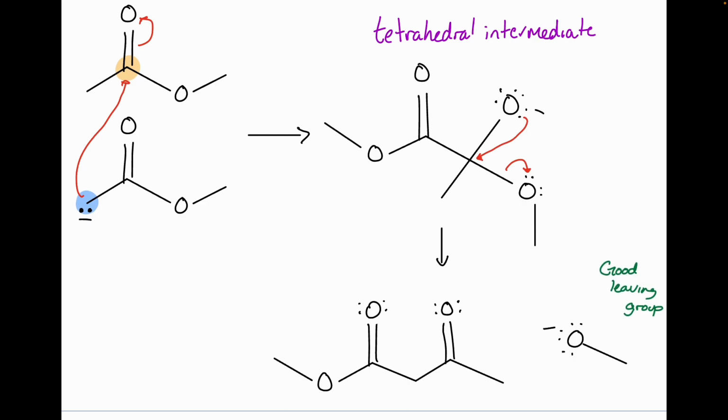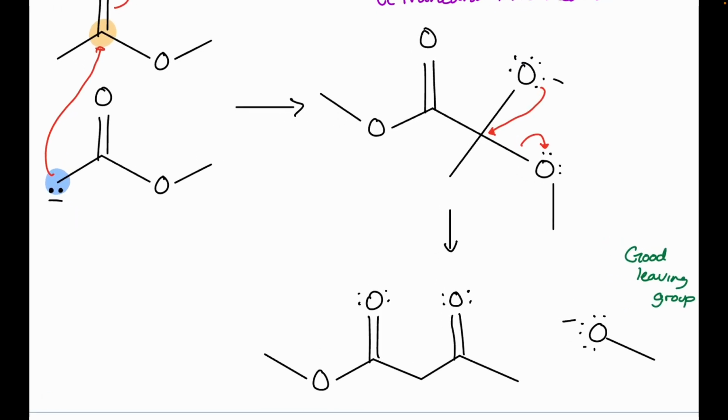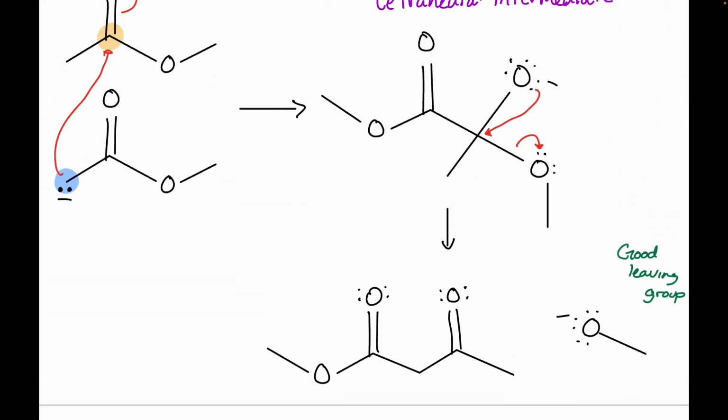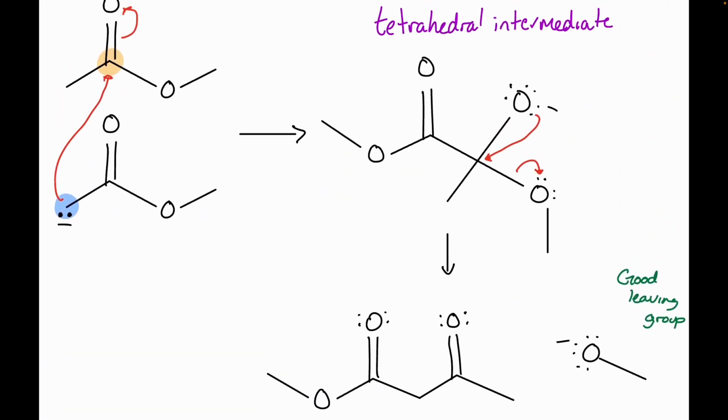And we called this thing a good leaving group. That's kind of a little bit of a lie, right? It's a strong base. We don't consider those to be good leaving groups. So how are we able to kick this thing off here?